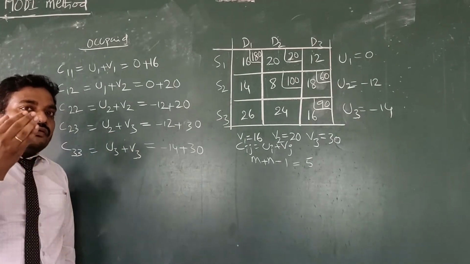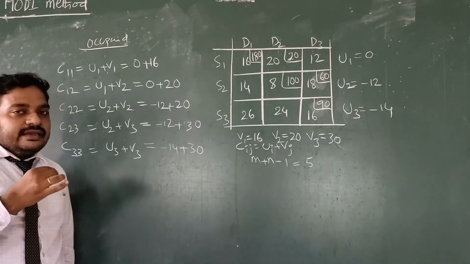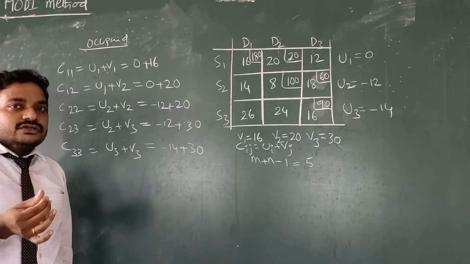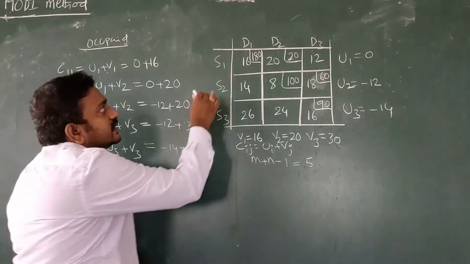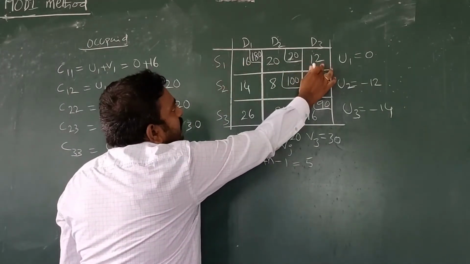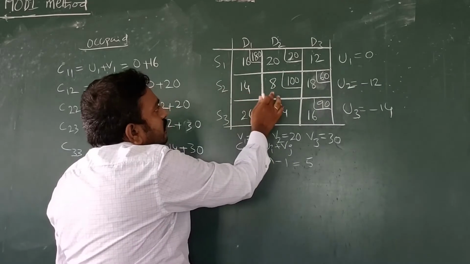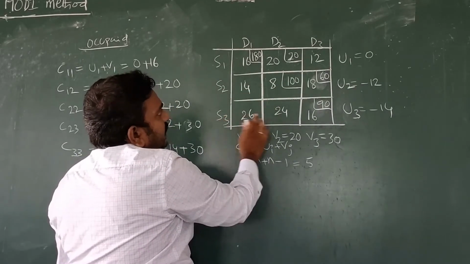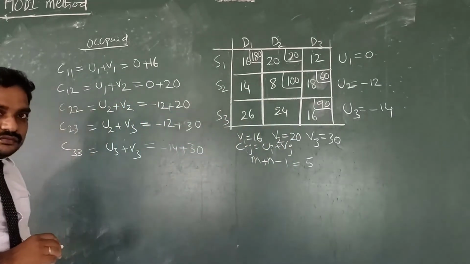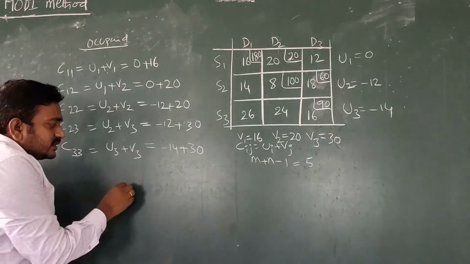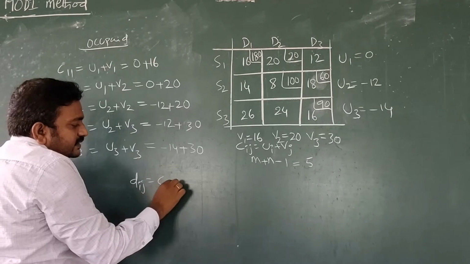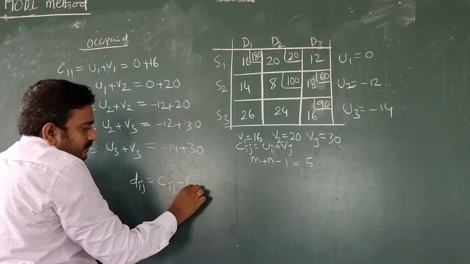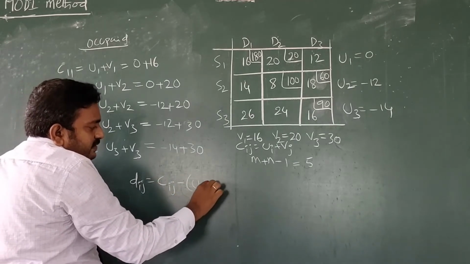Now we need to find the values for unoccupied cells also. From the table, the unoccupied cells are S1D3, S2D1, S3D1 and S3D2. For them all, we use one particular formula: Dij equals Cij minus (Ui plus Vj).